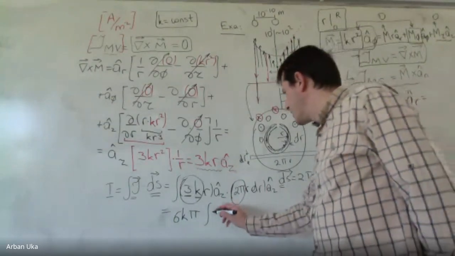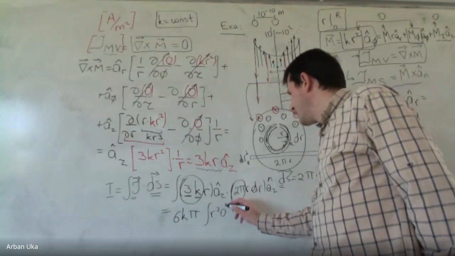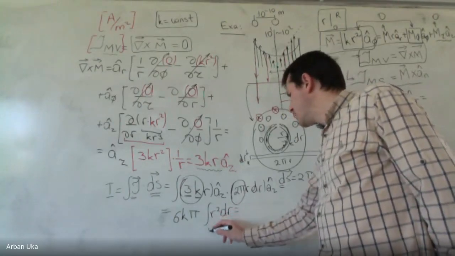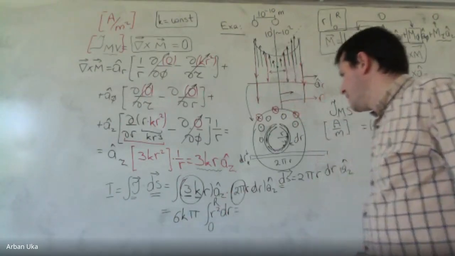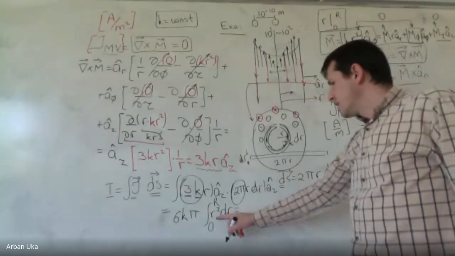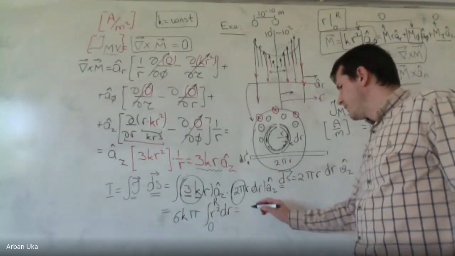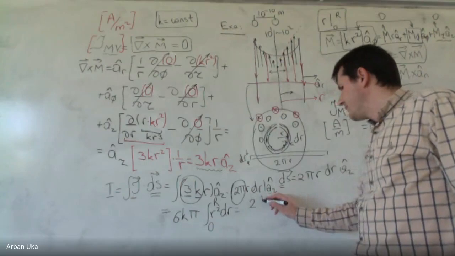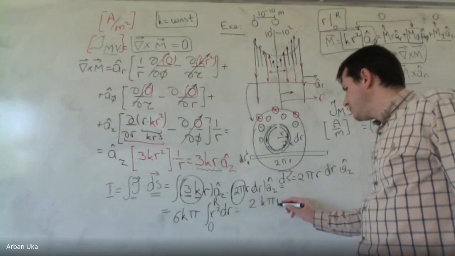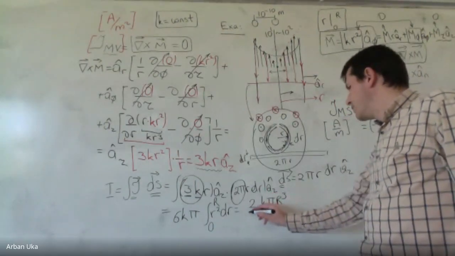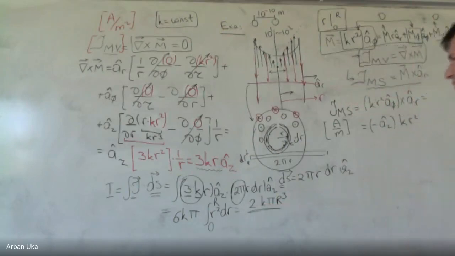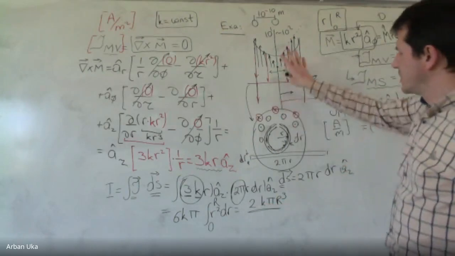We're left with R squared dr, the limit of the integral is from 0 to R. And then the integral is R cubed over 3. So we get 2K pi R cubed. Okay? So this is the total current that is flowing upwards.